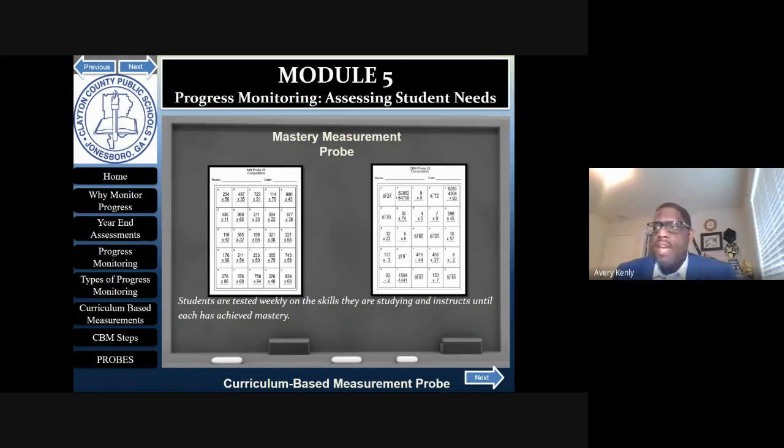And in this particular case, it's assessing computation. And so the students in this case are tested weekly on their skills. So if you can think about it, if they're tested weekly, it does give us some feedback on whether or not any instructional strategies or any accommodations are working. It also lets us know whether or not or when a student will achieve mastery.